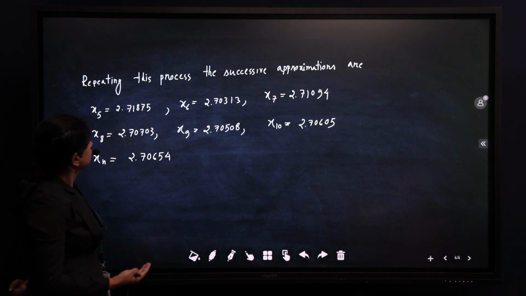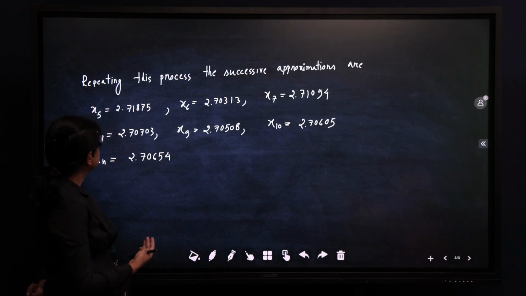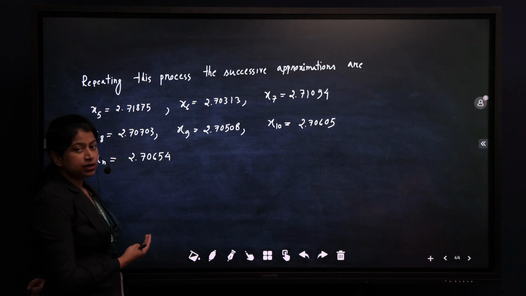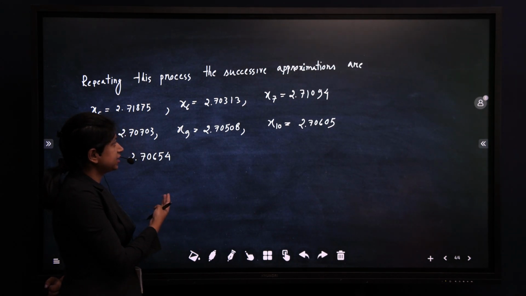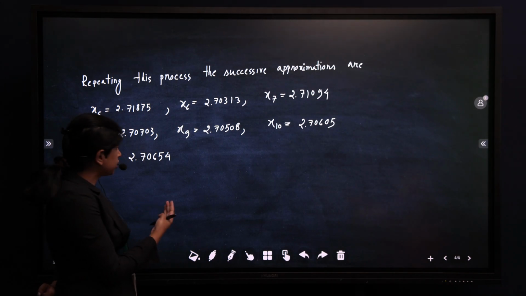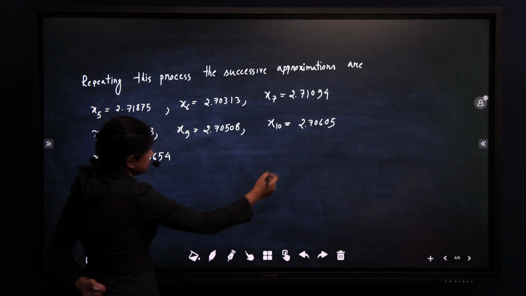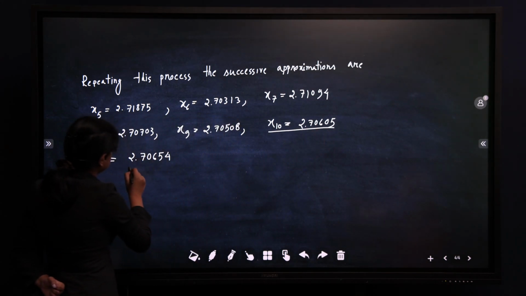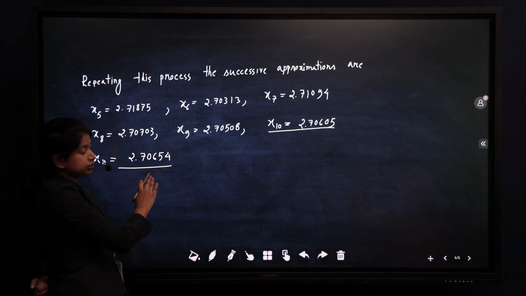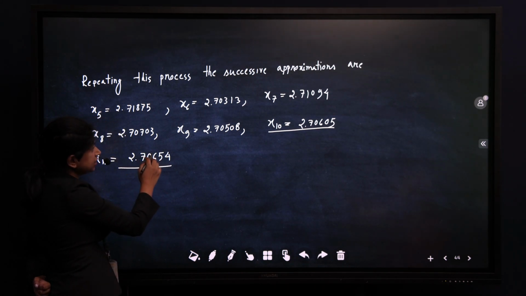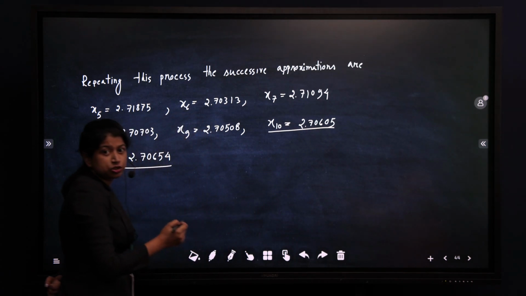So these are the successive approximations. x5 is 2.71875, x6, x7, x8, x9, x10 and x11. So here you look at this x10 and x11. Up to 3 decimal places we are getting the same value, like 2.706, and here also it is 2.706.